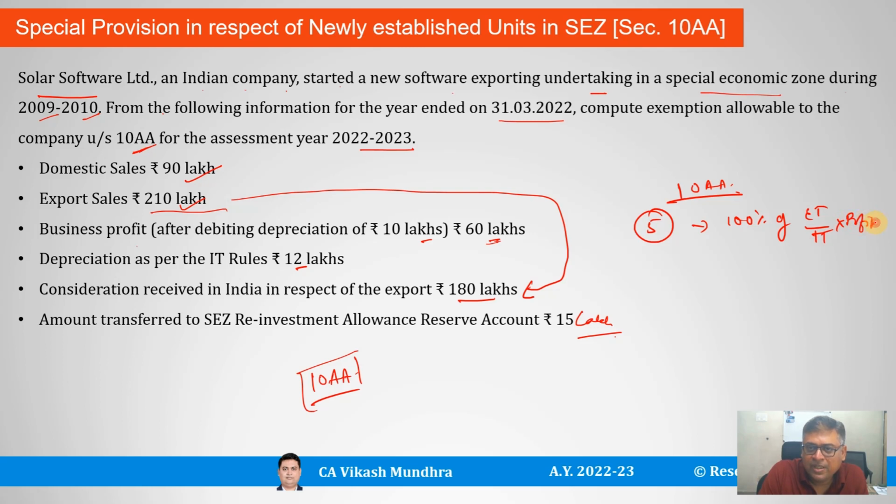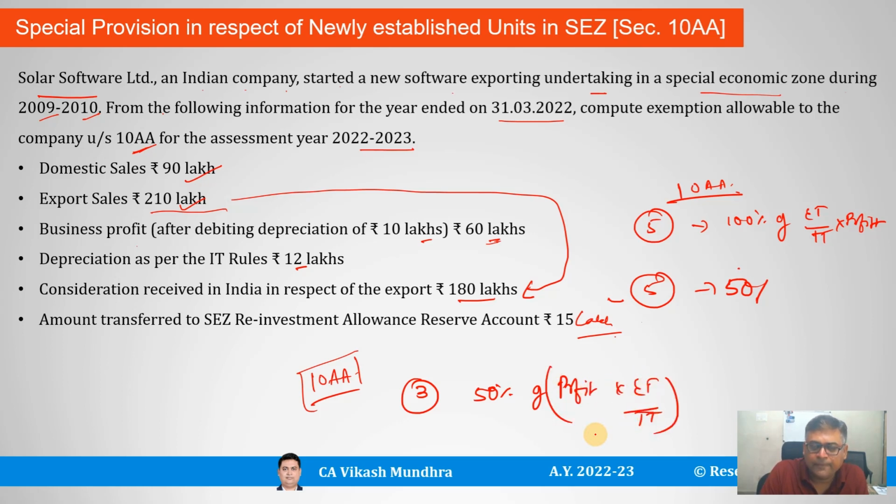In the next 5 years, the same thing, but it would be 50%. And in the next 5 years, it would be 50% of the aforesaid formula of profit into ET by TT.